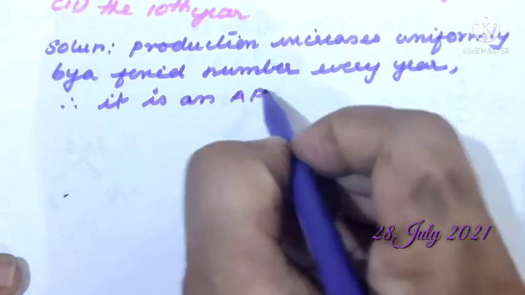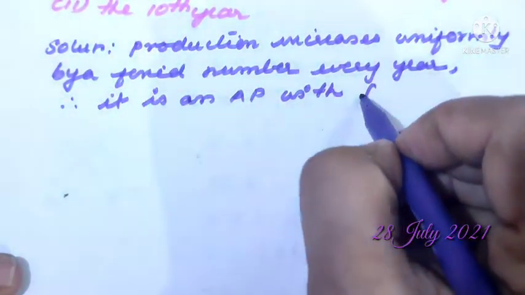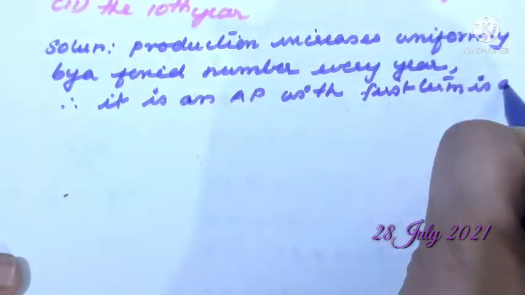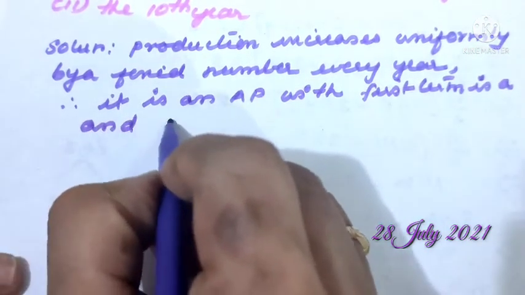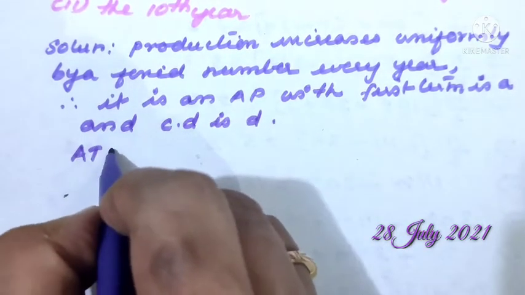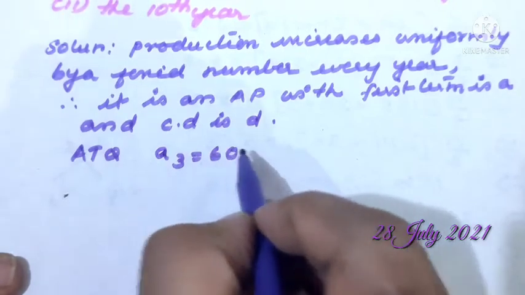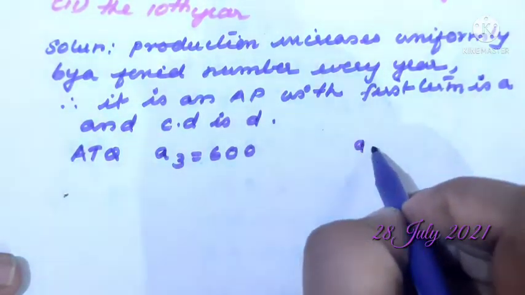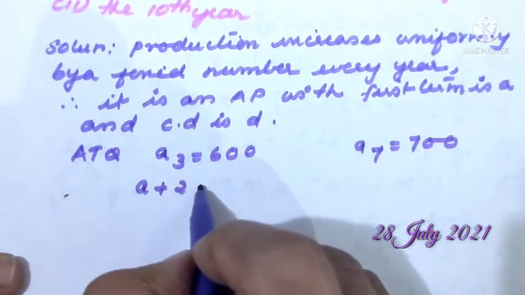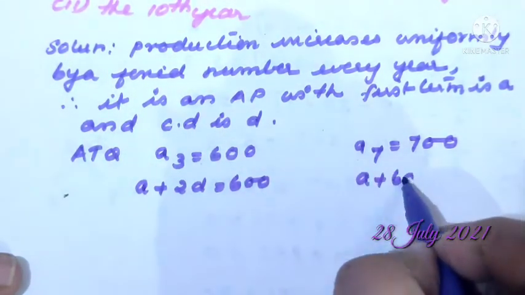With first term equal to a and common difference d. According to the question, in the third year the production is 600. So A3 equal to 600, and in the seventh year 700. So a plus 2d equal to 600 and a plus 6d equal to 700.